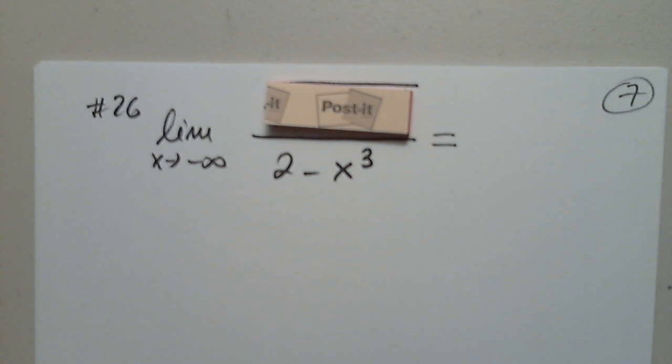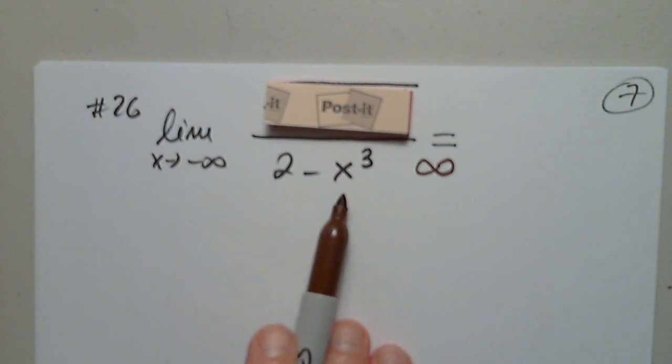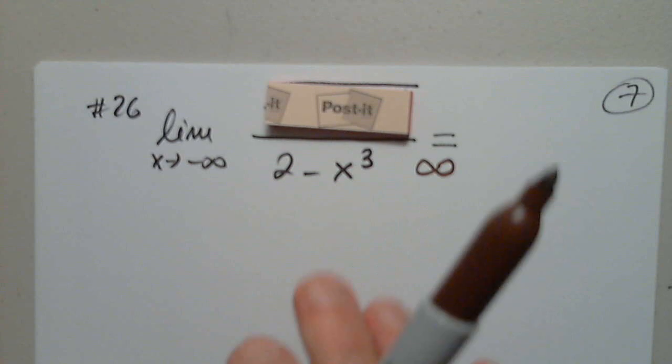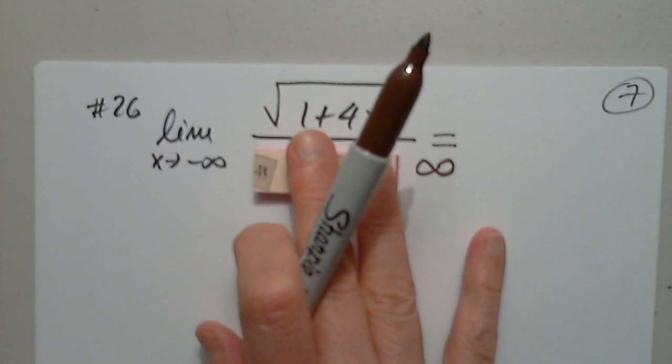This should not take that long. Please. Infinity. Say it again. Infinity. Of course. Because we have negative infinity to the 3rd, which is negative infinity, with minus in front would be infinity.